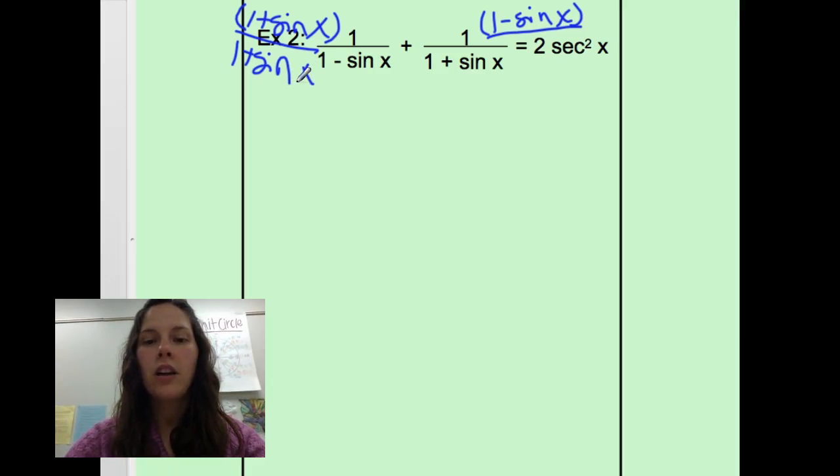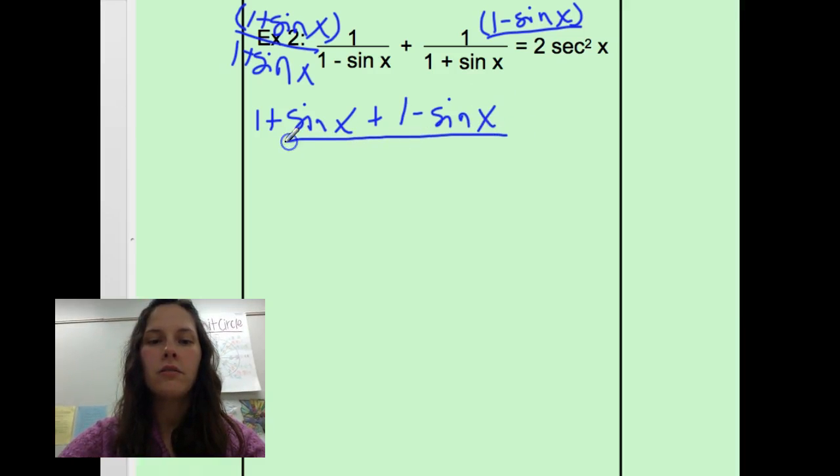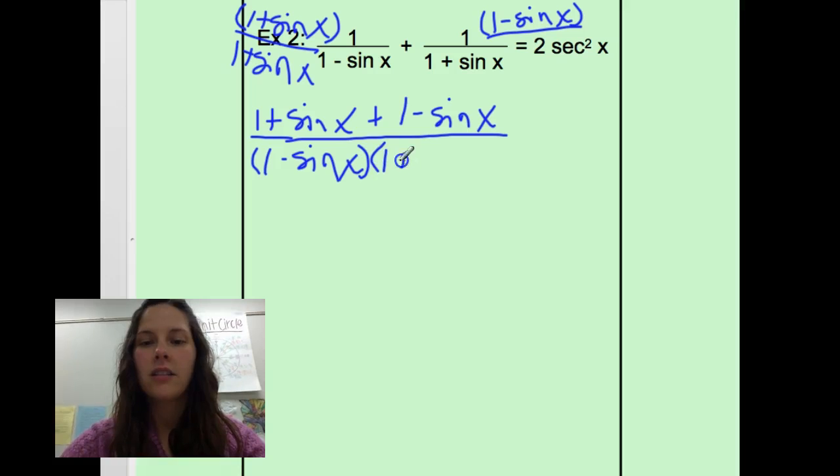So in the numerator on that first one, we've got 1 plus sine of x, plus the numerator of the second one will be 1 minus sine x, all over 1 minus sine x times 1 plus sine of x. And somehow we'll get this mess to equal 2 times secant squared of x.